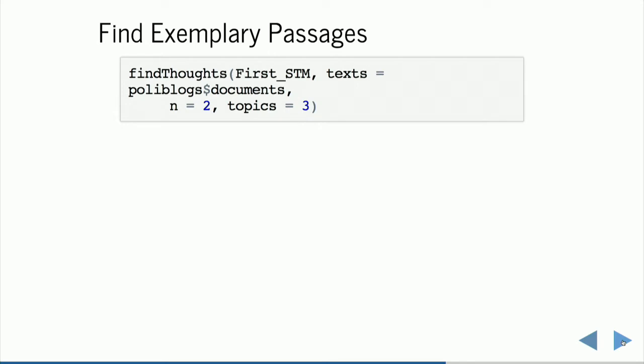Next, getting back to the interpretation question asked earlier, this is a nice function that allows us to find passages of text that exemplify the topic that's been assigned to it. Again, we've got a messy model here because we just naively assigned 10 topics, but if we were trying to validate what's going on with some of these more problematic topics, we can ask here for 2 exemplary passages of topic number 3, and we would output, in the markdown, it's not on these slides, some passages from the blog posts that are meant to exemplify that topic.